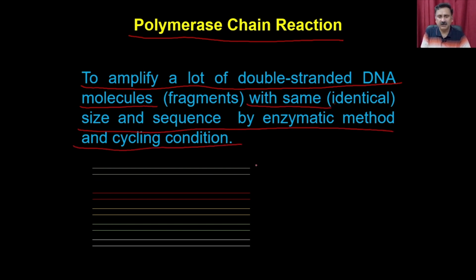For example, if this is the template DNA, then with PCR you can make multiple copies of it. Like this is copy number 1, 2, 3, 4, and all these 4 copies are identical in terms of sequence as well as size.